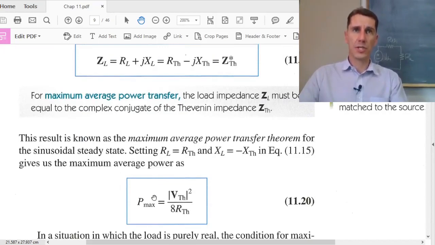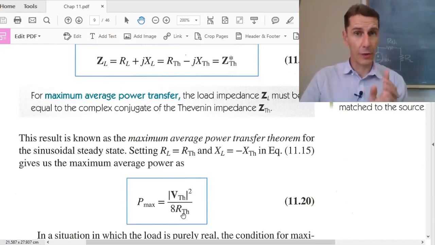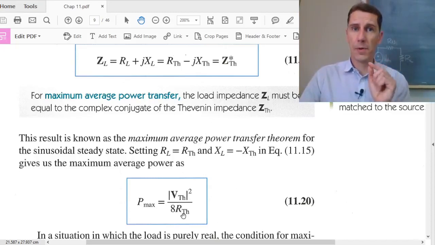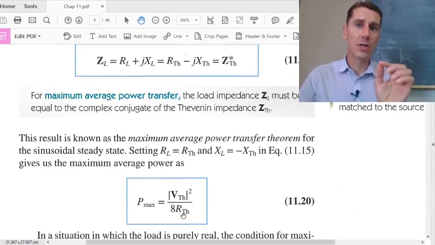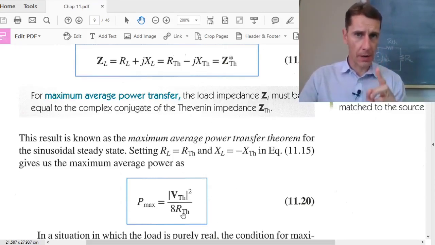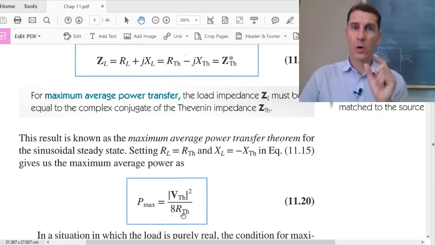But this equation, V Thevenin magnitude squared over 8R Thevenin, only applies, listen carefully now, if your load has an X component. It only applies if the load actually has an X component. What would happen if your load was only a resistor? Then this equation no longer applies.